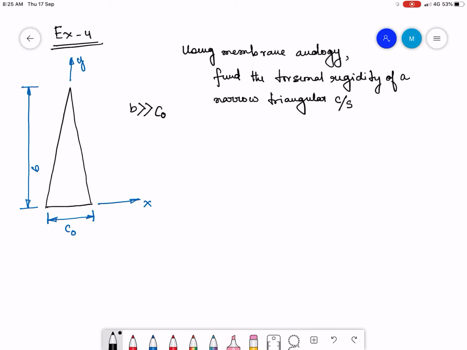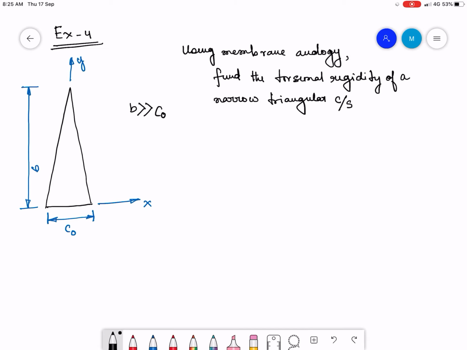So the problem is like this. We have a narrow isosceles triangle, though I haven't drawn it very well as an isosceles triangle. For a narrow isosceles triangle, we have to use the membrane analogy to find out the torsional rigidity.